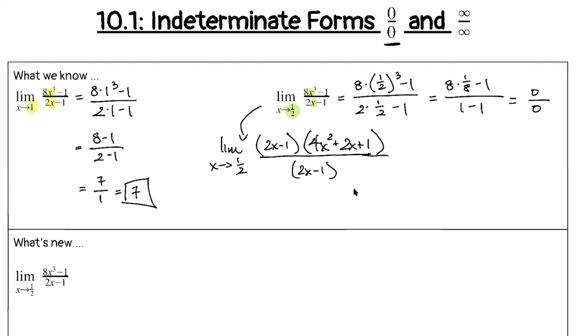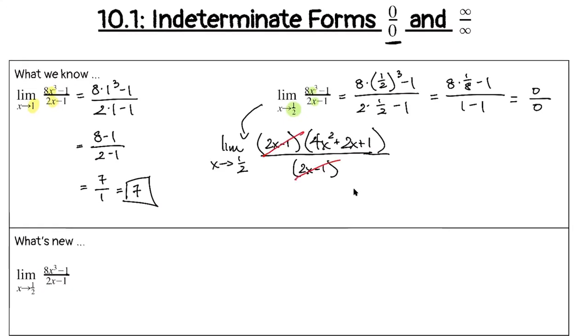Now that's one of the cubic factoring rules. It's definitely a nice one to know, a difference of cubes, but you could also use synthetic division to find this as well, okay? The nice thing about this is when I factor, I realize that I have one factor on the top that is the same as the factor on the bottom, so those two are going to reduce to 1.